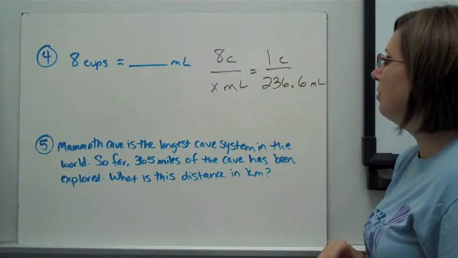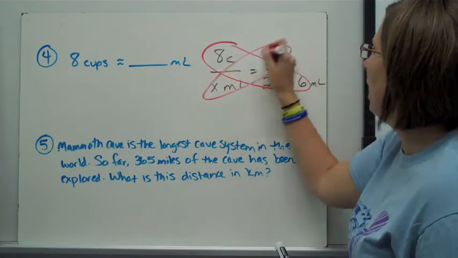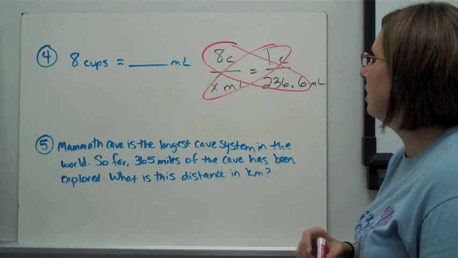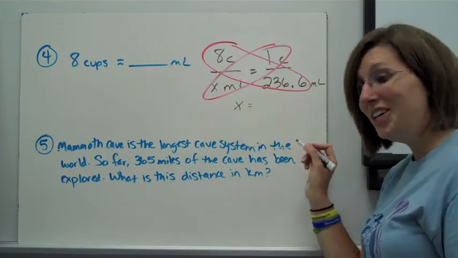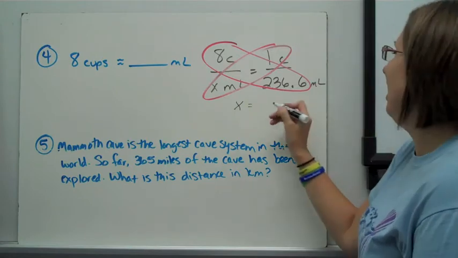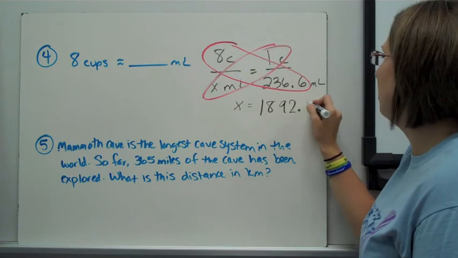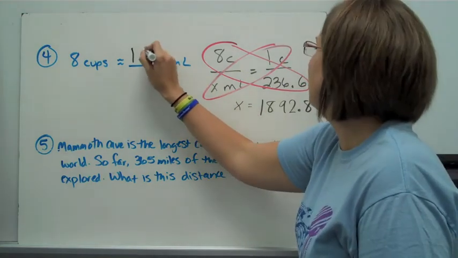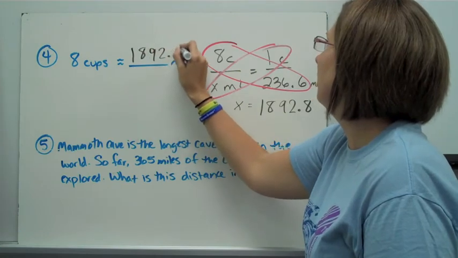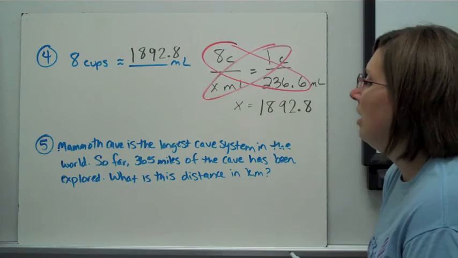I'm going to cross multiply. And I have 1x equals, and then I'm going to pick up my calculator and type it in, 1,892.8. So that's 1,892.8 milliliters.